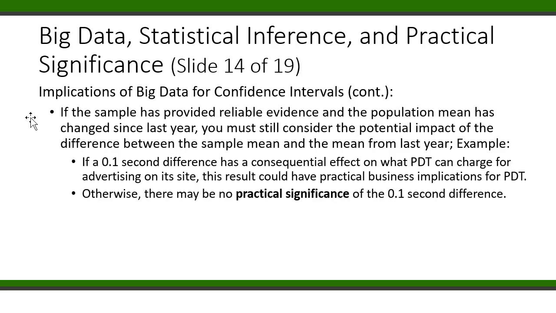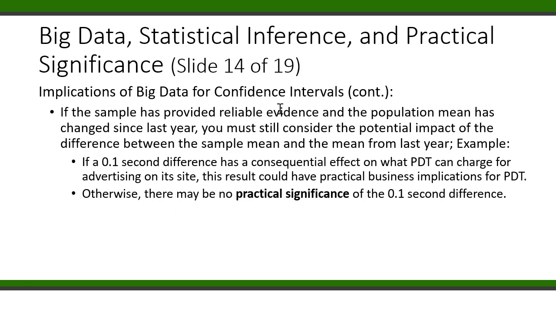So if you've read the chapter, we're looking at how long somebody is spending on the site. So we're looking at, okay, is it 0.1 seconds more from last year or not? And so the implications on this interval, right?